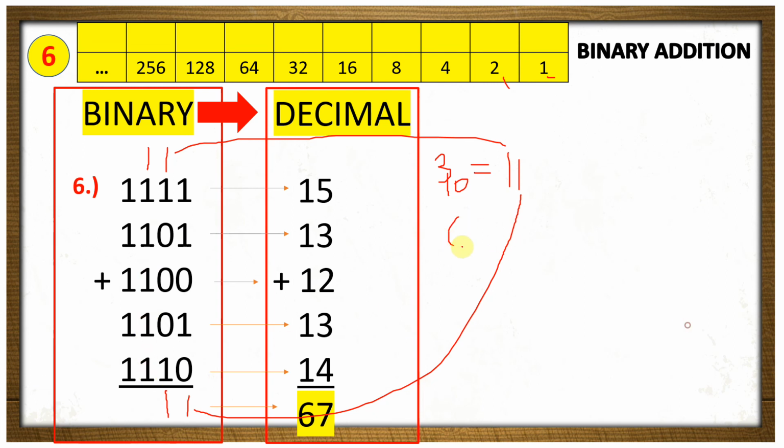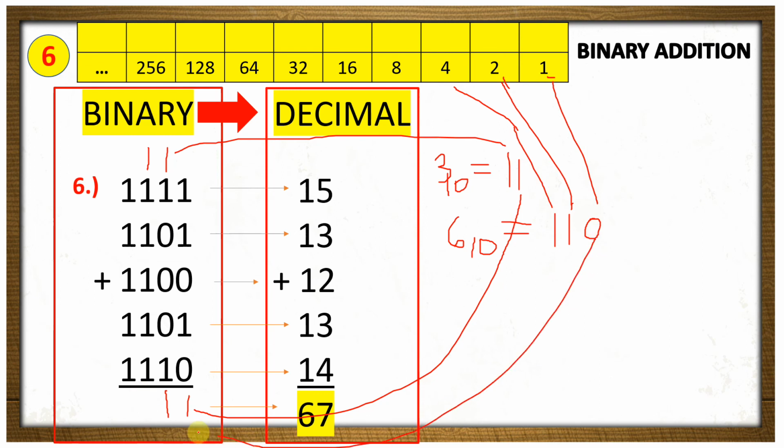Okay, 6 in decimal, the equivalent in binary is again 0, 1, 1, meaning turn on the 2 and turn on the 4. Turn off the 1 here, so do not count. So that's 0, 1, 1 is 6. So you bring down the 0 here, only the 0, and you carry over this 1.